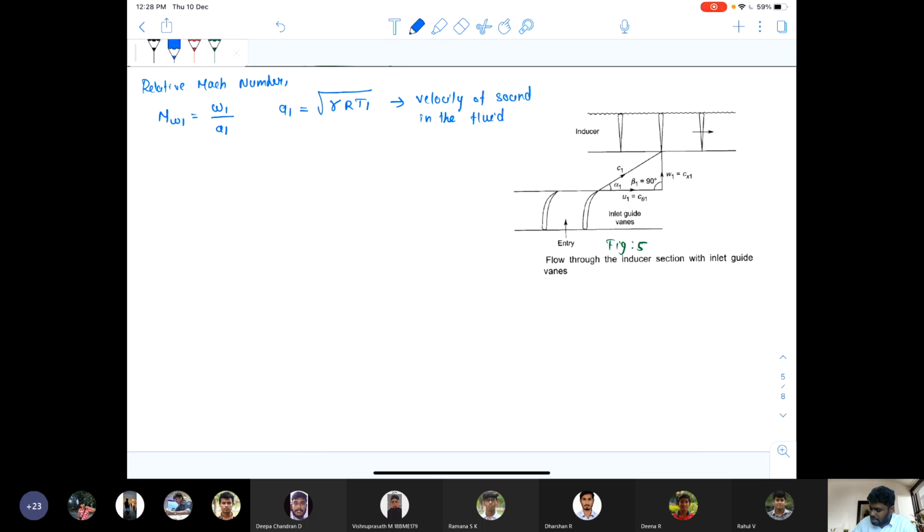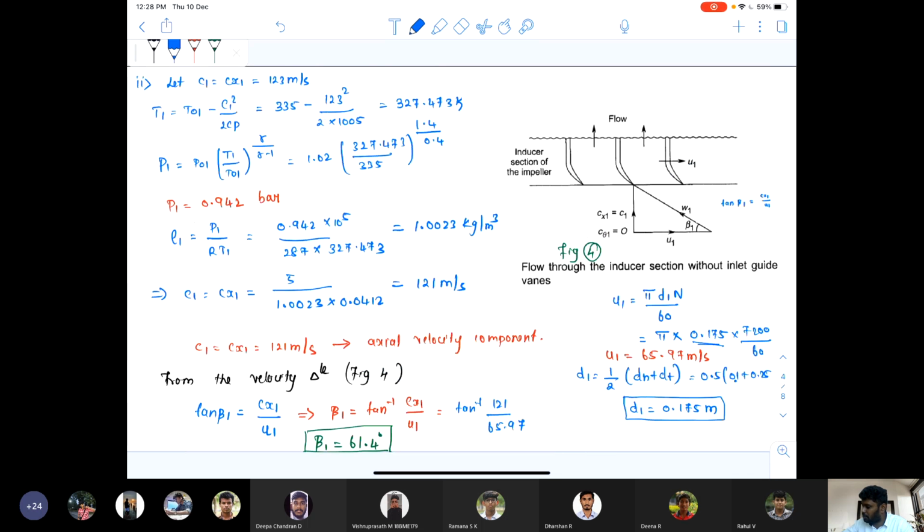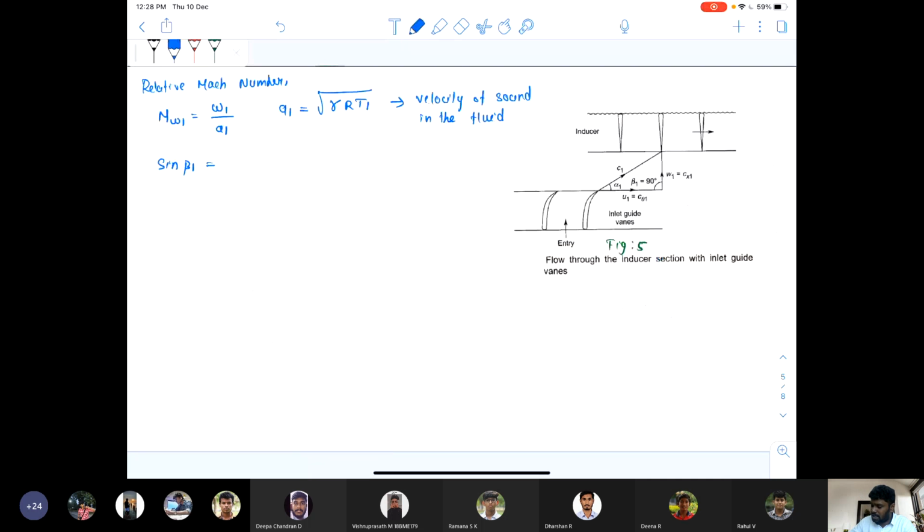Now, if we consider sin beta 1, sin beta 1 is equal to opposite side by hypotenuse, opposite side is Cx1 divided by W1. Therefore, sin beta 1 is equal to Cx1 divided by W1, which gives W1 is equal to Cx1 divided by sin beta 1.